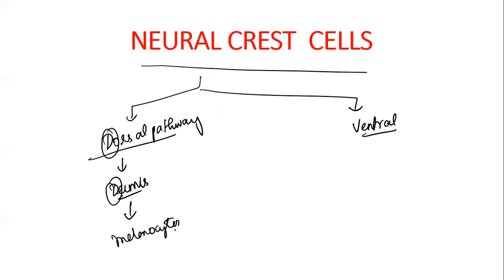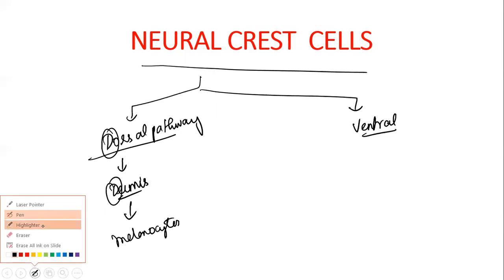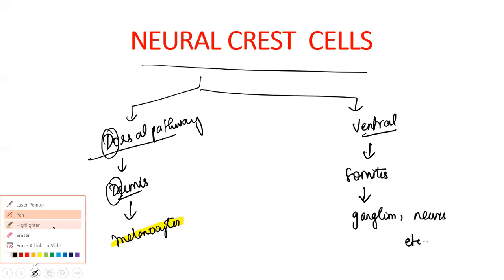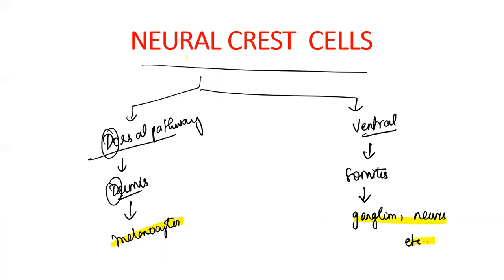Or it can go along the ventral pathway, along the somites on the ventral aspect, and it is going to give rise to so many structures like your ganglia, your sympathetic nerves, etc. Since it gives rise to so many structures, neural crest cells are sometimes referred to as the fourth germ layer.